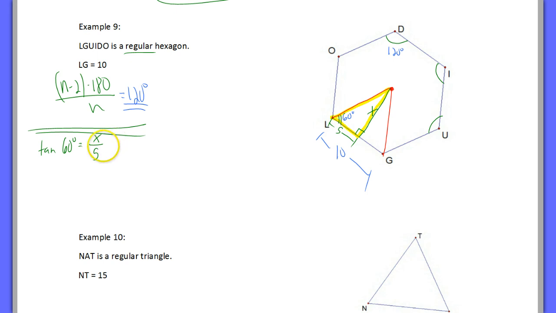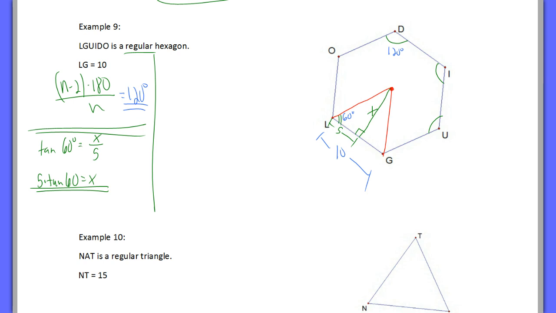With a little bit of algebra, we can multiply both sides by 5. I can use colors as I'm going through this. It might be a good idea for you to box off different things just so they don't all run together. So x, that length, is equal to 5 times the tangent of 60.